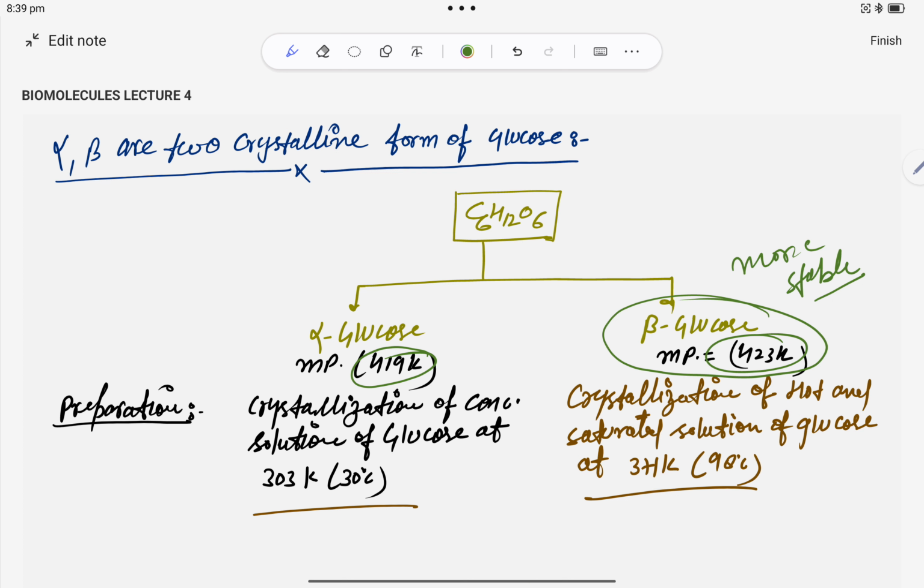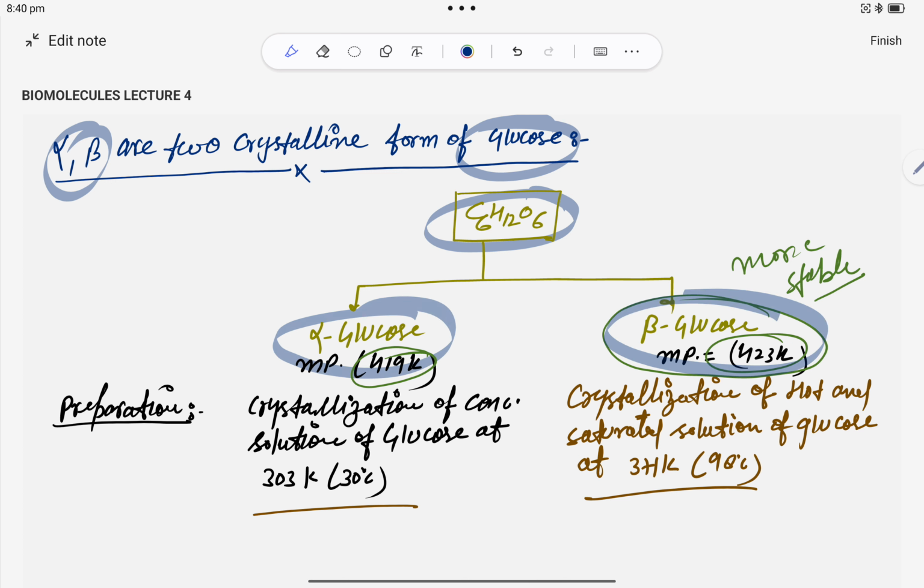Okay, so check it once again. I'm telling you, alpha and beta are two crystalline forms of glucose. Alpha glucose crystallizes from a concentrated solution of glucose at 303 Kelvin, beta glucose from a hot and saturated solution of glucose at 371 Kelvin. So that is the process.